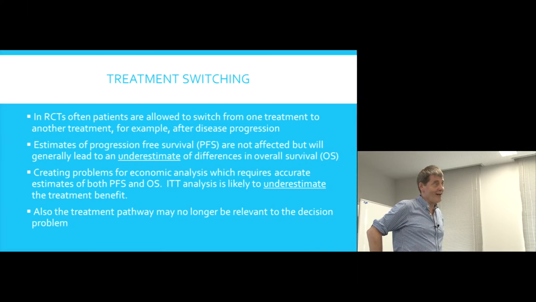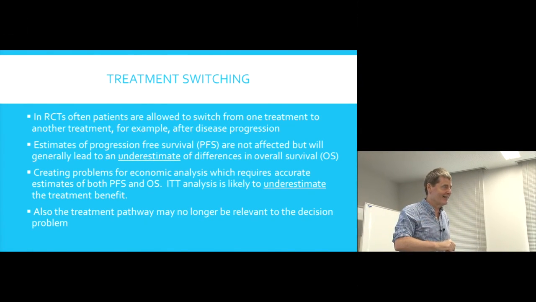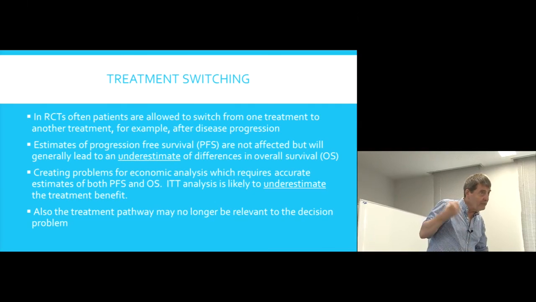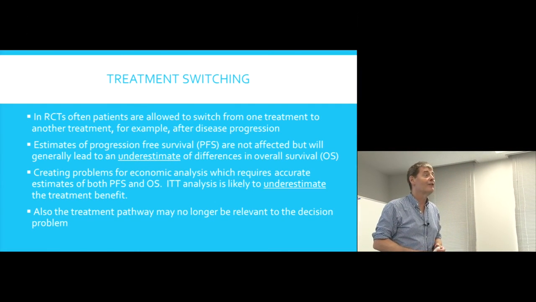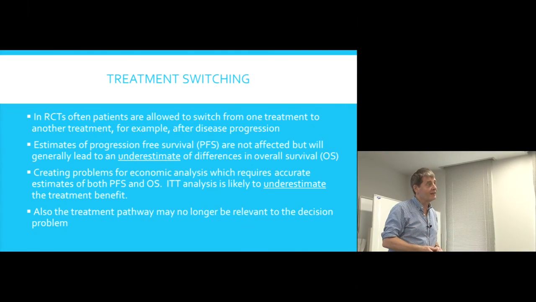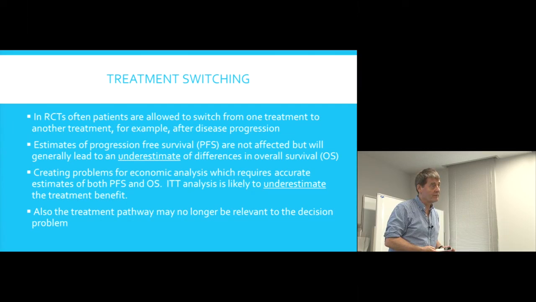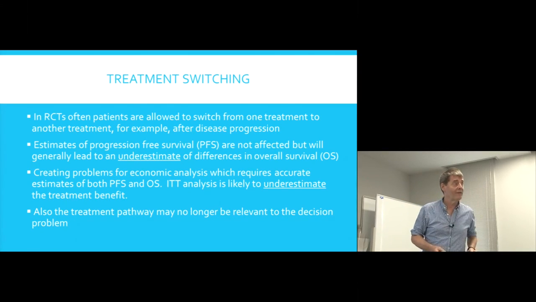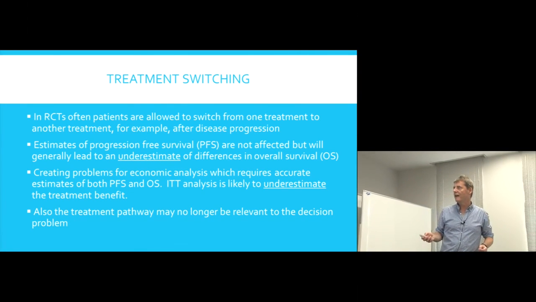The problem that arises is there are different methods, and you won't be surprised, different methods can give rise to different results. And so we're in this territory again, which one do we believe? Now, different methods of treatment switching make different assumptions, and it might be that we can demonstrate that some assumptions are more plausible than others. So I might have an example of that here.